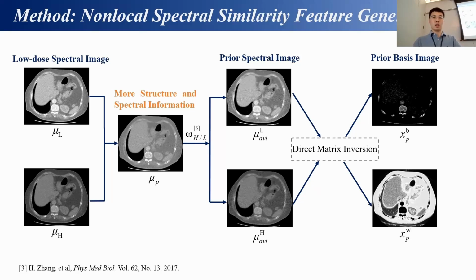Then we use this non-local redundant information in the main image to weight the target image to obtain a prior energy image, which suppresses noise while maintaining the image structure information. Finally, this prior energy image is decomposed by the direct matrix decomposition method to obtain the prior basis image, so we get a pair of basis images here.